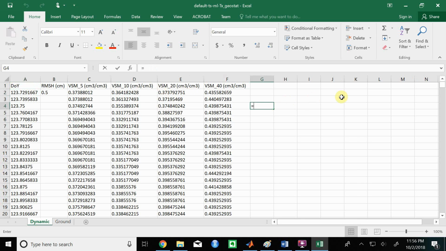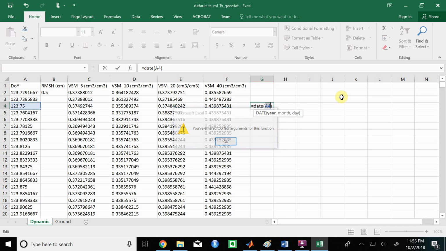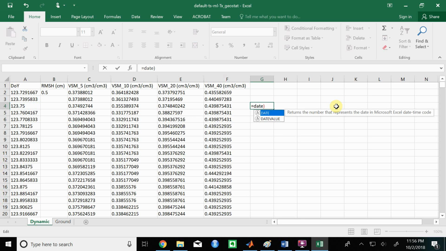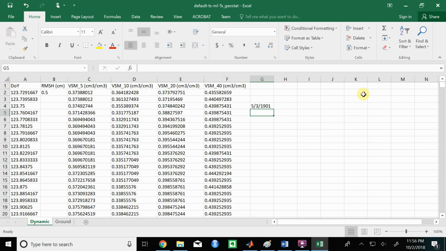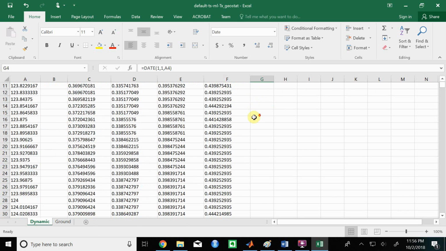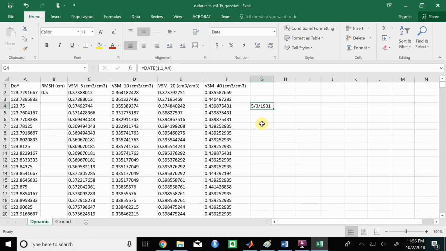I think you can use a function in Excel to get that, but let me see here, maybe if I put in 123.75, something like May 3rd is what that corresponds to. I don't know if that's exactly right, but anyway, that's roughly in May what this shows.